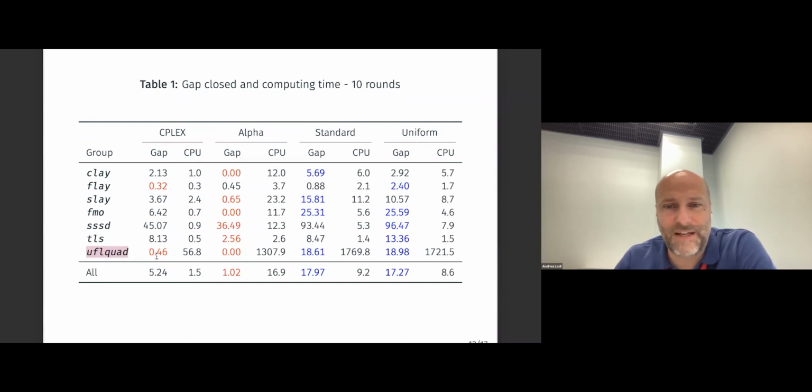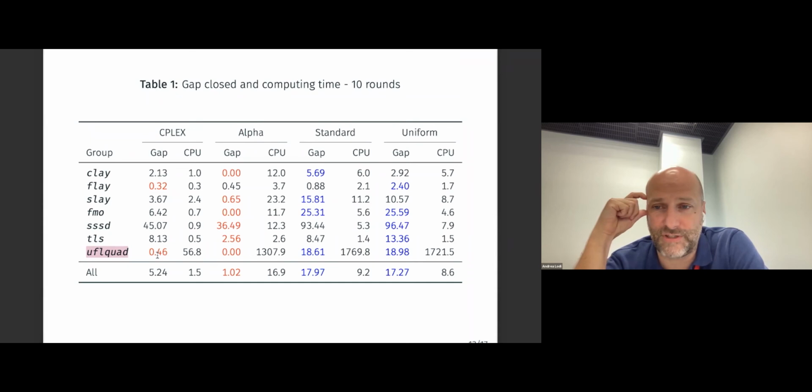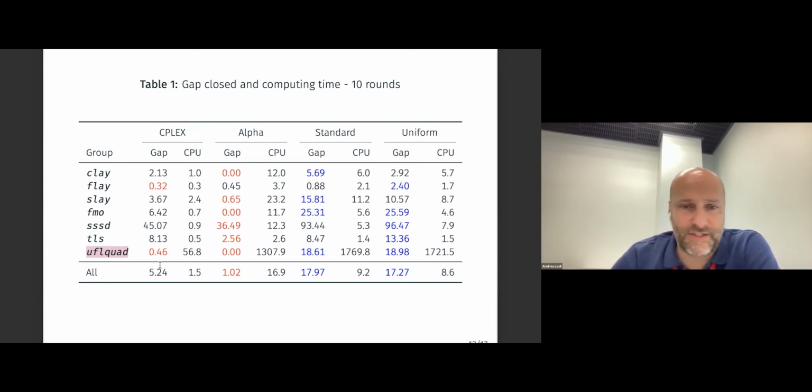You can see that red is bad and blue is good in this table. What happens here is that Cplex in only 10 rounds of cuts is able to close, on average, 5.24% of the gap, but it takes a short amount of time, just 1.5 seconds. The alpha normalization is really not doing well, and it takes 16 seconds to close only 1.02% of the gap.